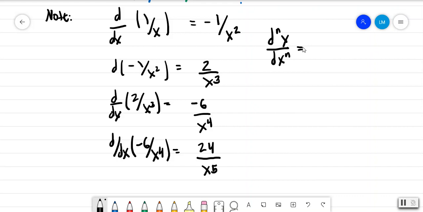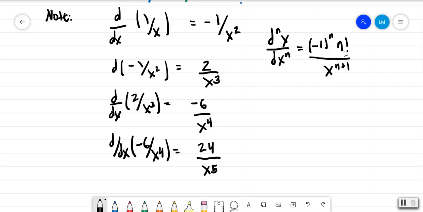Essentially, this is going to be negative 1 raised to the nth power, followed by n factorial, and then followed by the x variable raised to the n plus 1.